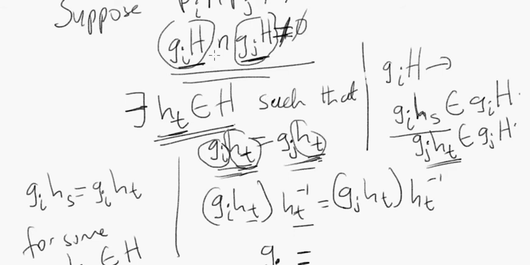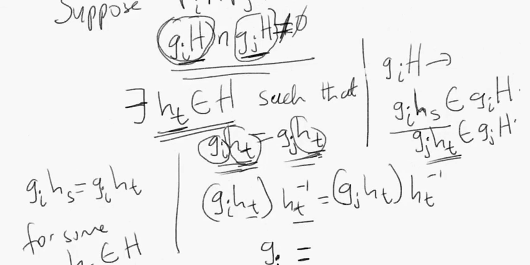There's no reason to. It could quite be possible that the intersection is non-empty, but the element that is the same in both cases, the element in the intersection, can be written differently in this coset and differently in that one. What we mean by that is if we could find some HS and HT.